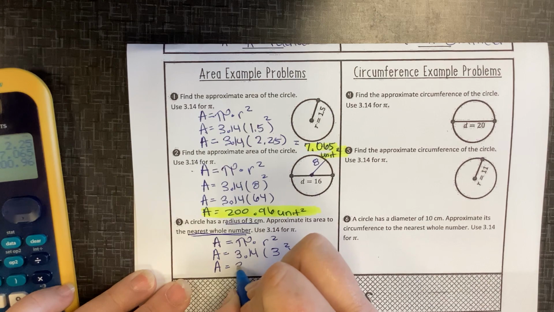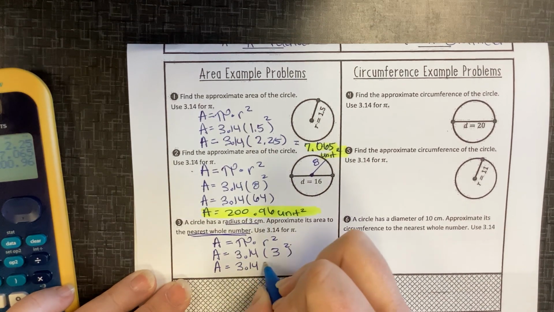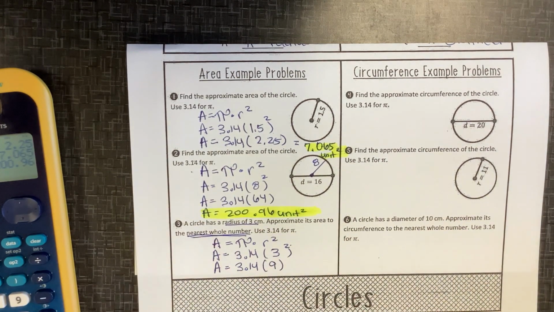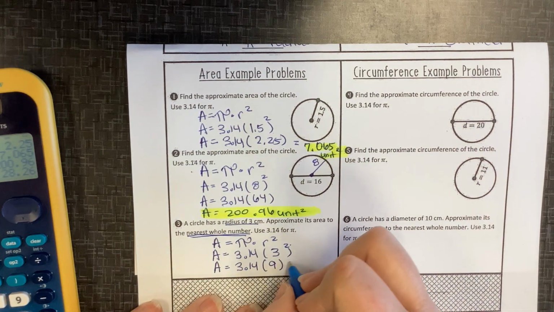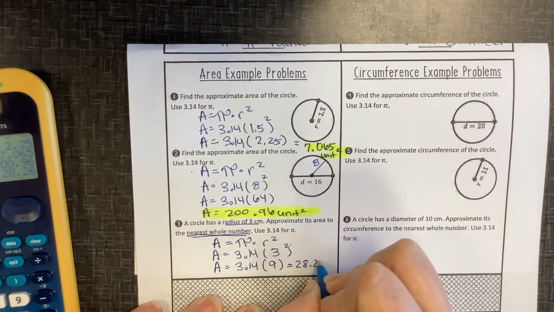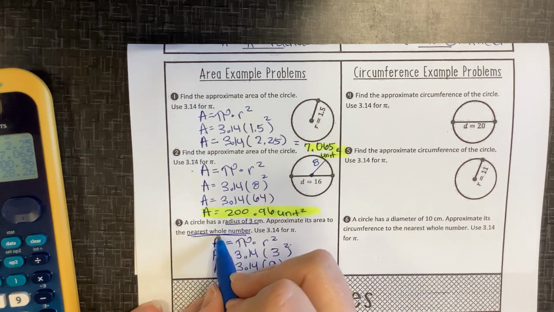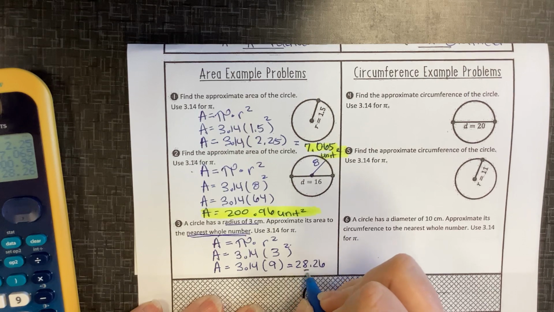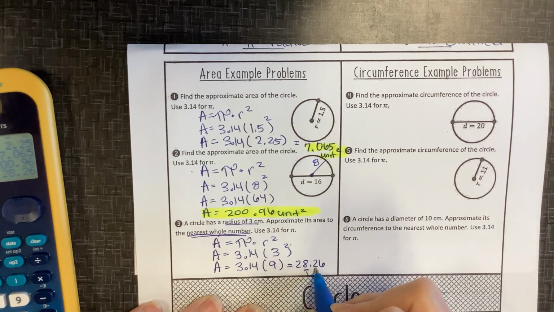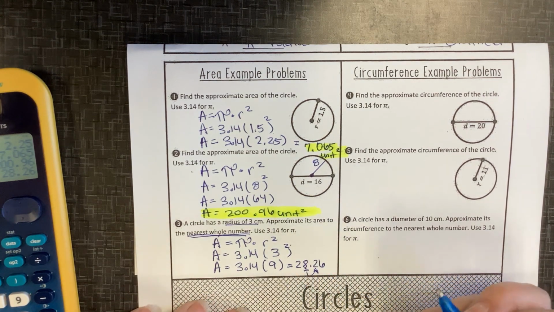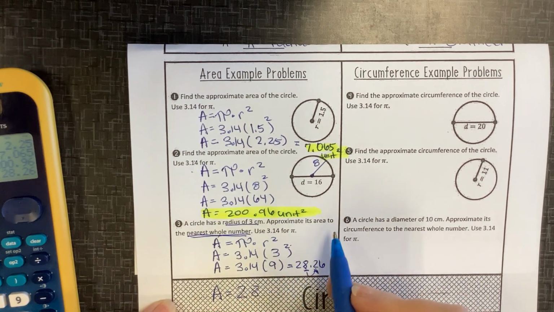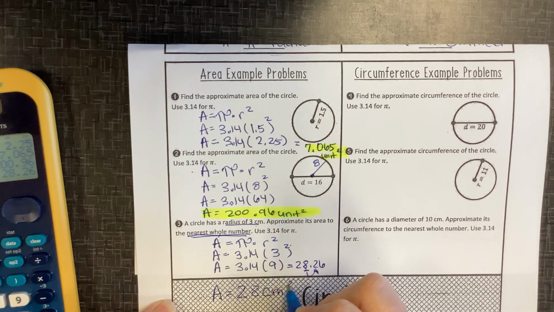So let's do our squaring. 3.14, 3 times 3 is 9. And I get 28 and 26/100ths. But again, it said round to the nearest whole number. So this is our whole number. I look at the 2. 2 is less than 5, so I want to keep the 8. So this is going to round to 28. So my area is 28 centimeters squared.